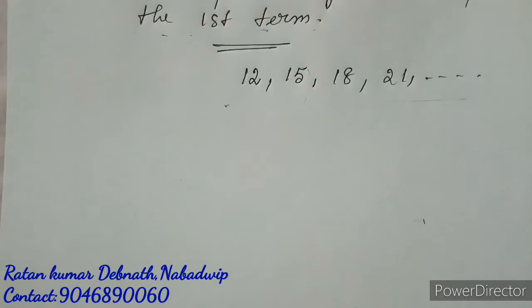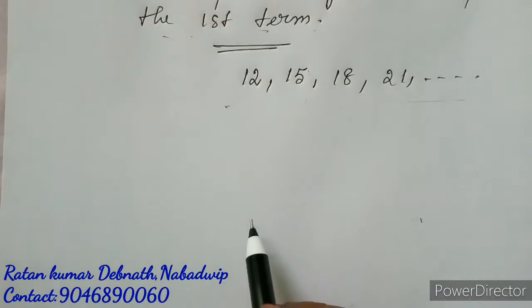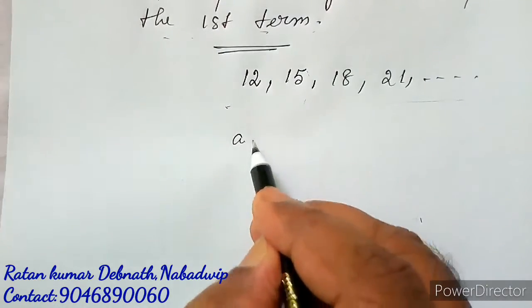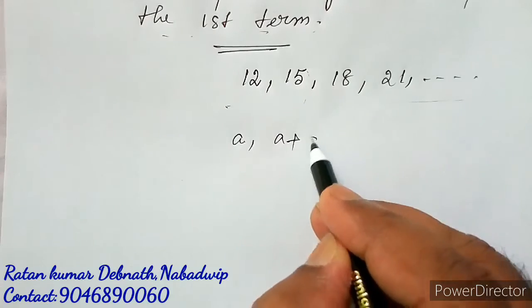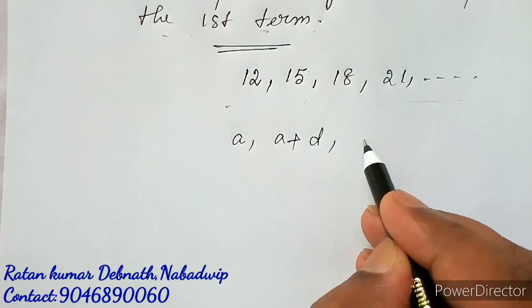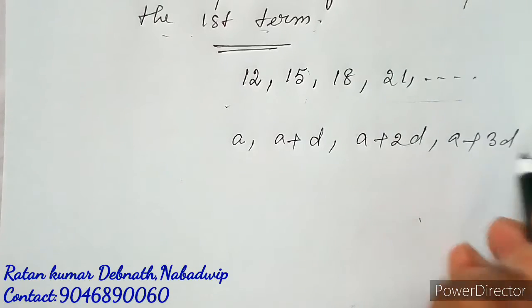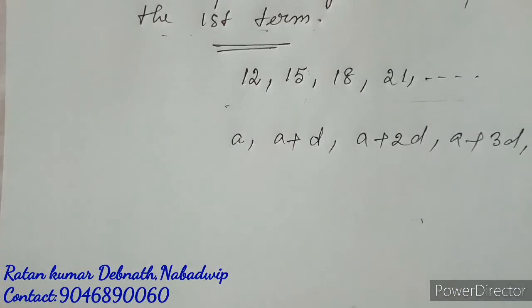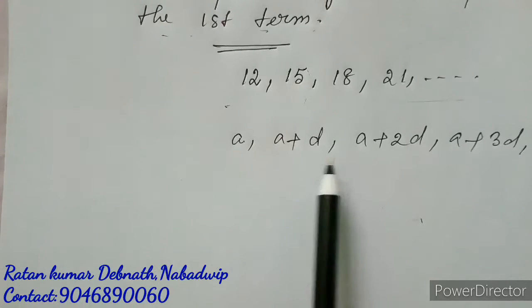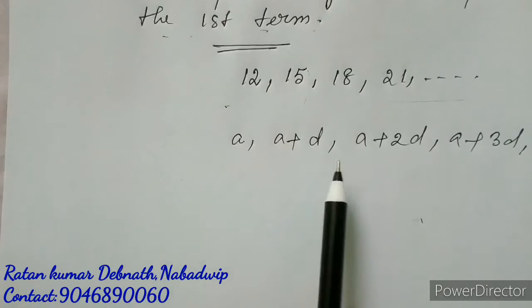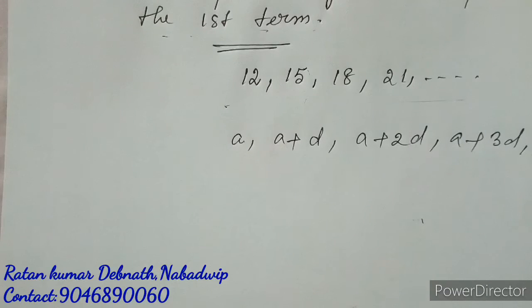In general, an AP series or an arithmetic progression is written as a, a plus d, a plus 2d, a plus 3d, etc. Because in this case also we get all the terms except the first term by adding a constant d to the preceding term.